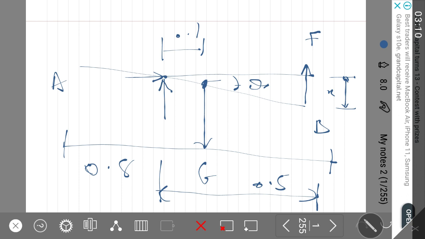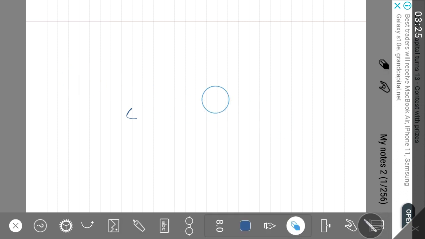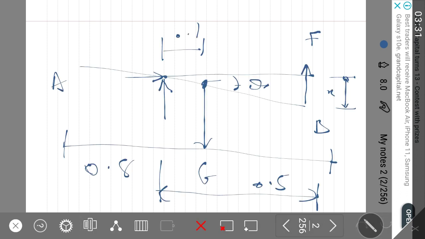So we can write that at this point C there is a torque, which is I alpha, the angular acceleration, and then there is the MA here.